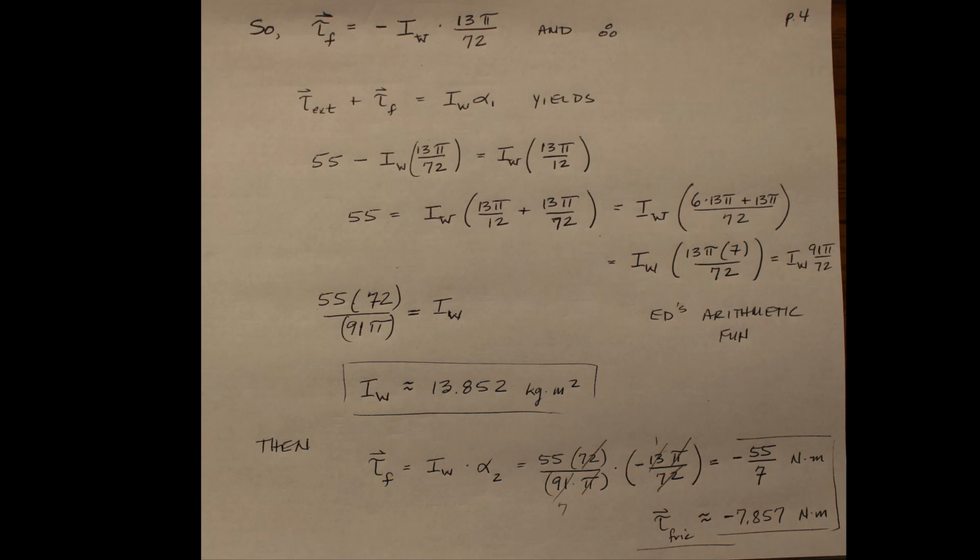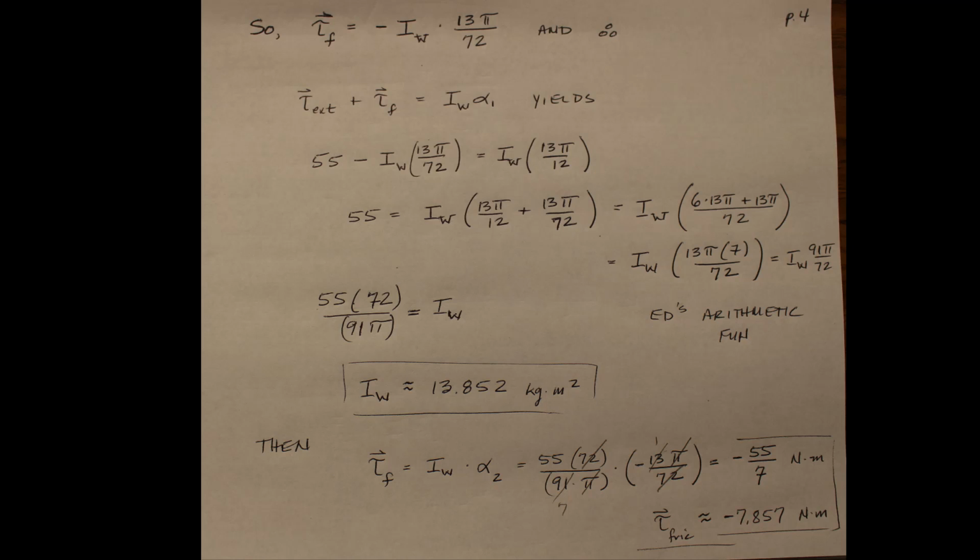Okay, so using the angular acceleration for event 2 and substituting that in, we can substitute for the frictional torque in that first equation from page 3, labeled equation number 1. And that allows us to solve for the rotational inertia.